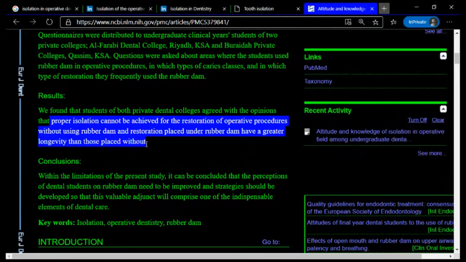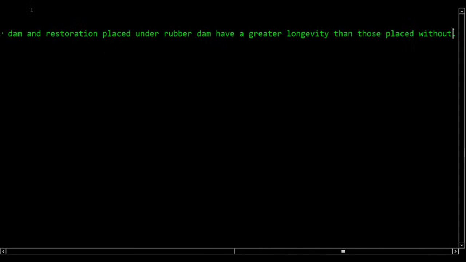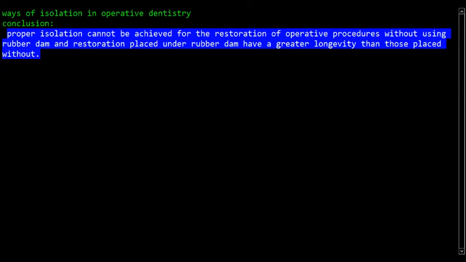This is very important to add to our notes. Talking about proper isolation, it cannot be achieved for the restoration of operative procedures without using, of course, the rubber dam, and restorations placed under rubber dam have a greater longevity than those placed without it.